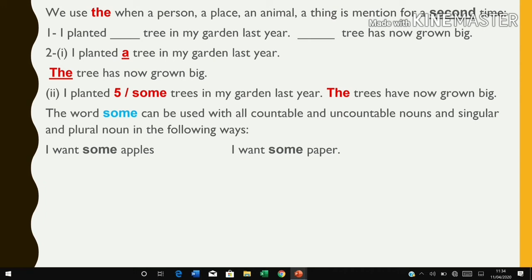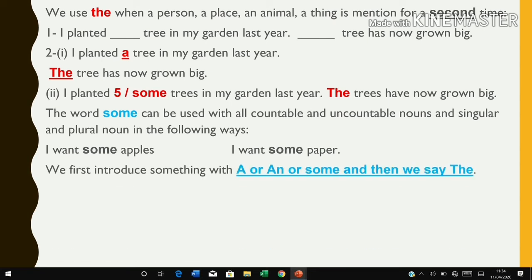So what is the conclusion? We first introduce something with a or an, or an exact number, or some, and then we say the.